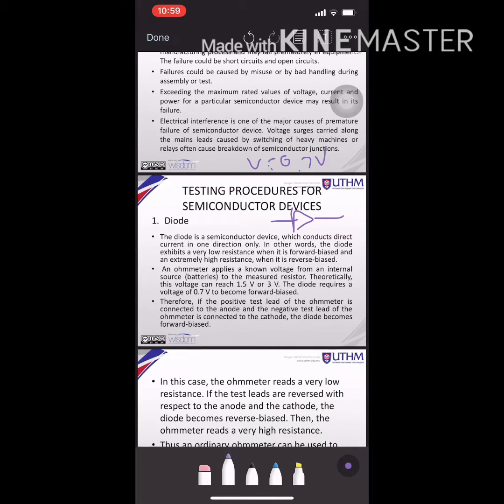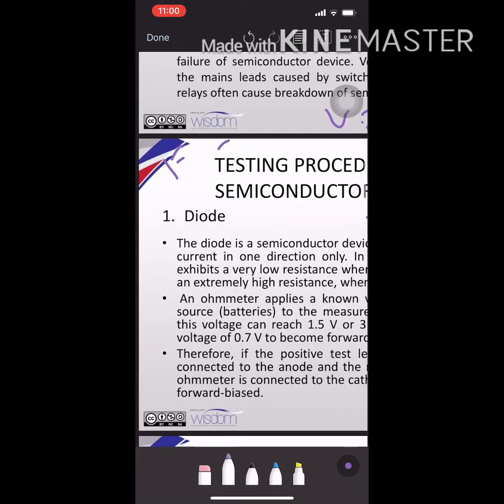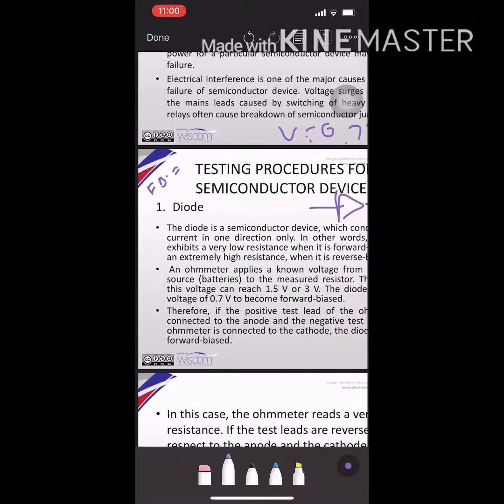Okay, so in forward bias, the diode akan behave yang mana, kalau nak senang faham, the resistance of the diode adalah rendah apabila di dalam keadaan forward bias.